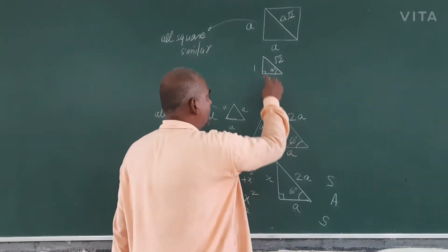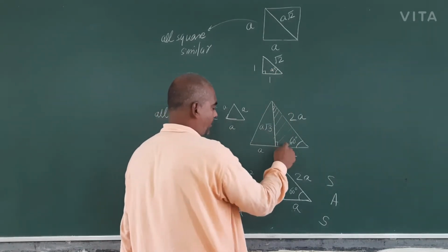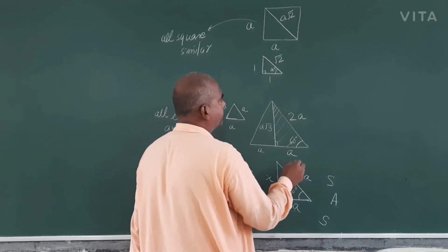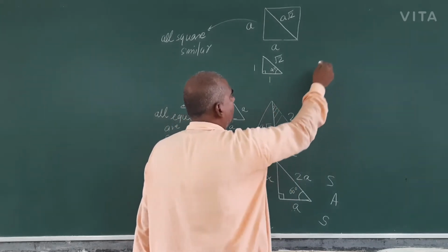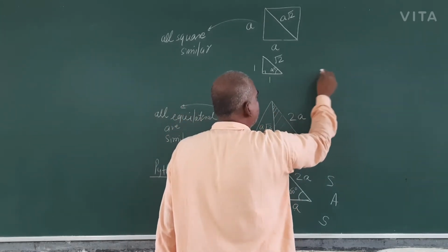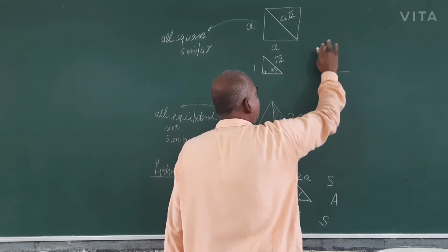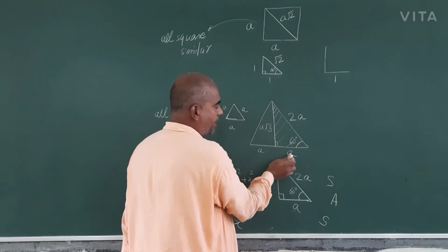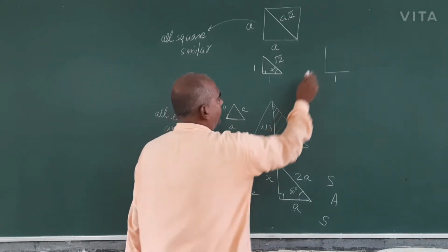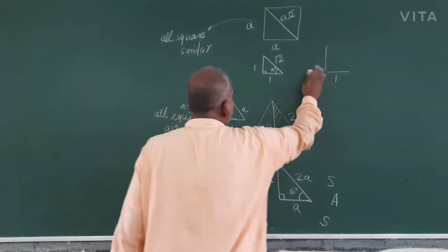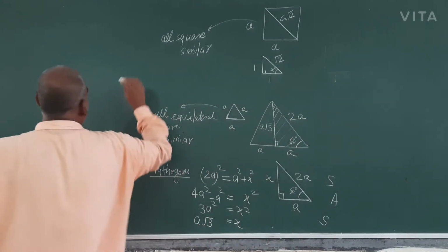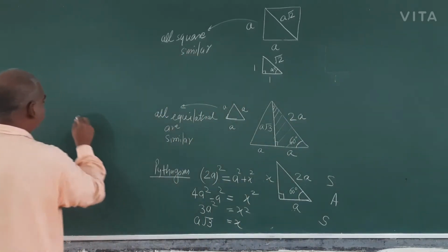So for this, just like we have made here, what will we make? Suppose this is 1, this is 1, for the equilateral triangle.